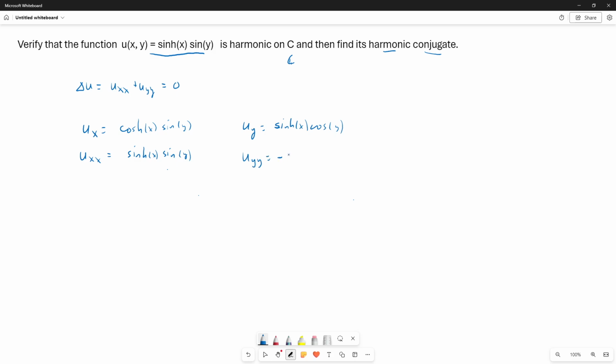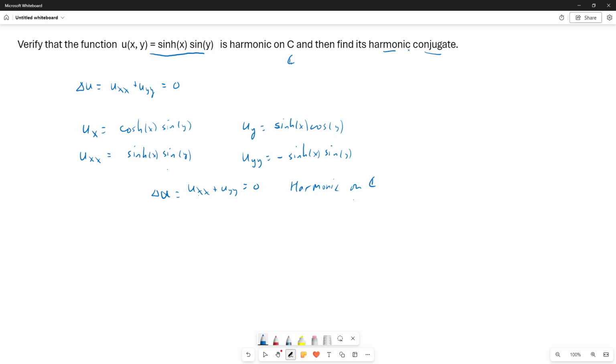So we get negative hyperbolic sine x sine y, and these two are clearly negatives of one another. So when we add them, we do indeed get 0, so that our function is harmonic on the whole complex plane. This equation is valid for any x and any y. Harmonic on the complex plane.